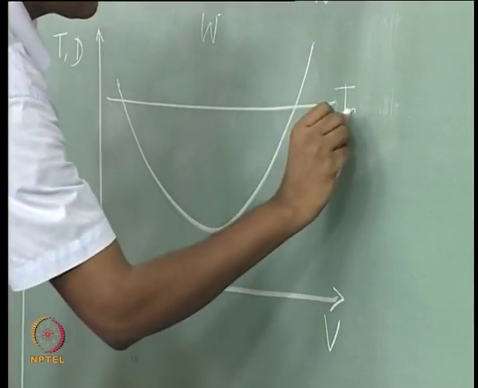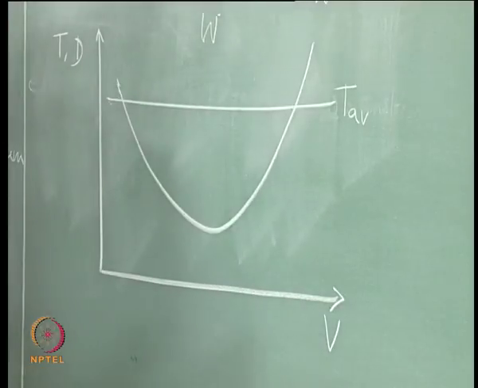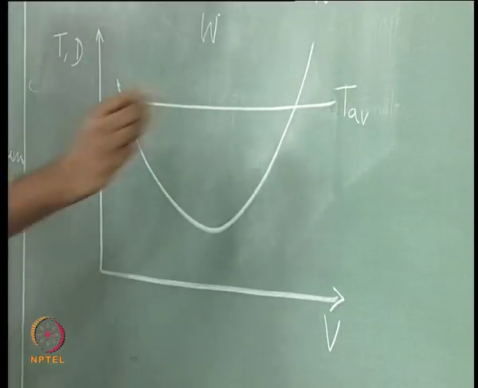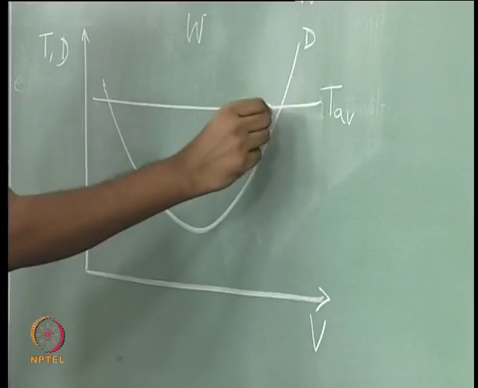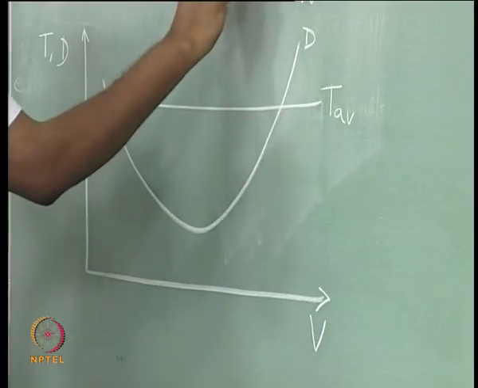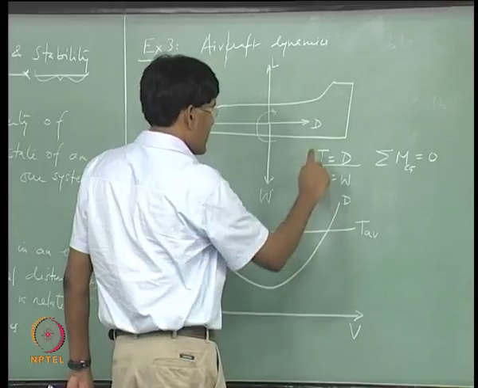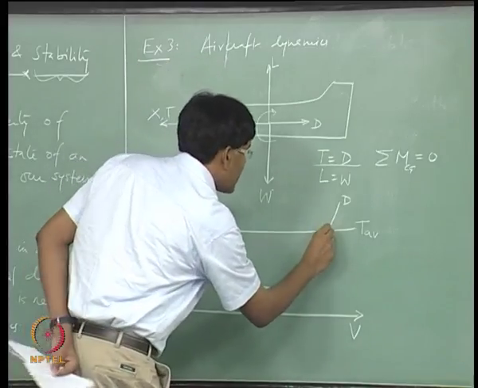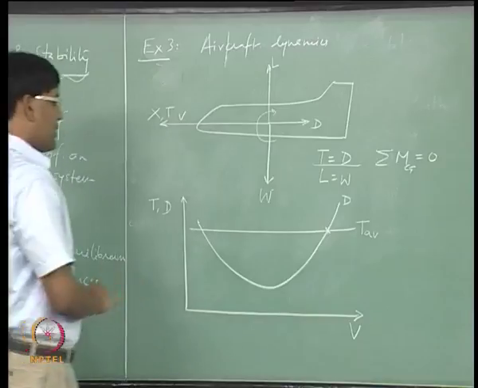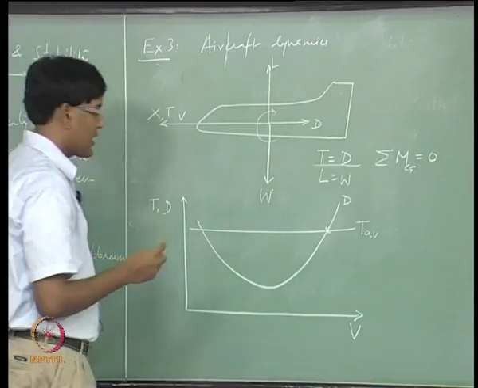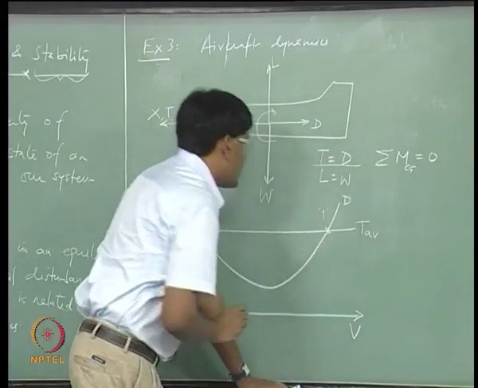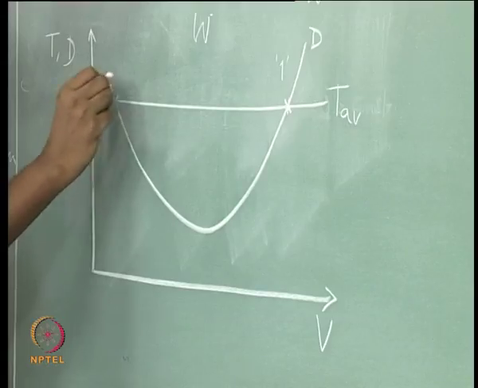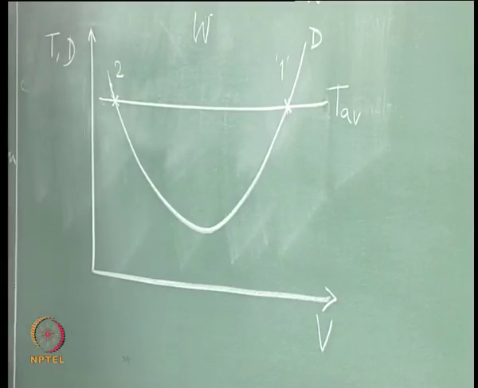So, this is my thrust available, and this is drag. So, where these two curves meet, we are satisfying thrust equal to drag condition, and that intersecting point is our equilibrium state. So, this is equilibrium state 1, and the other equilibrium state is here, which we will mark as 2.